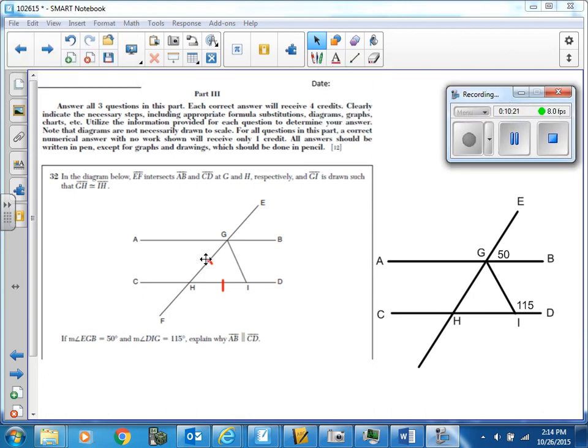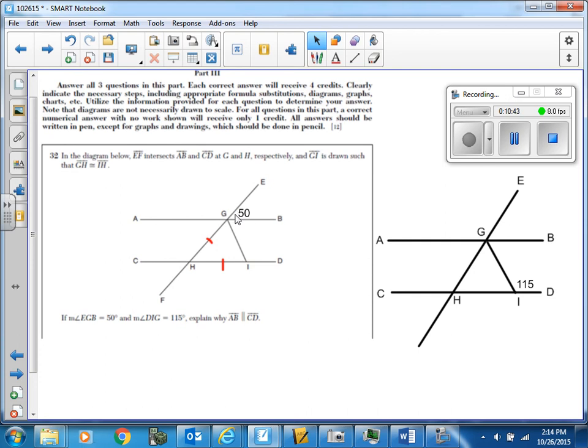Okay, I'm back now. Hopefully you recognize that GHI is an isosceles triangle. And if it is an isosceles triangle, that means that the base angles, the angles opposite the congruent sides, are also congruent. Let me move this right here. That'd be better. So that's 115, and we know that these angles have to be congruent.